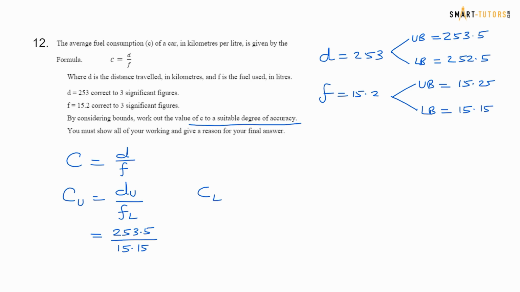C lower is going to be D lower over F upper. So D lower is 252.5 over F upper, which is 15.25. So let me use the calculator and get the answer for both.